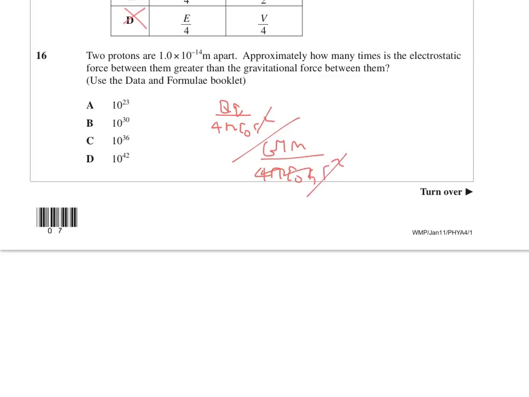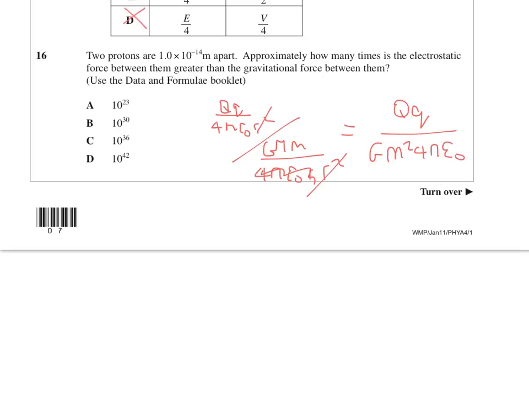Your R squareds are going to cancel out, giving you Q Q over 4 pi E0 divided by G m squared, because they're both protons.